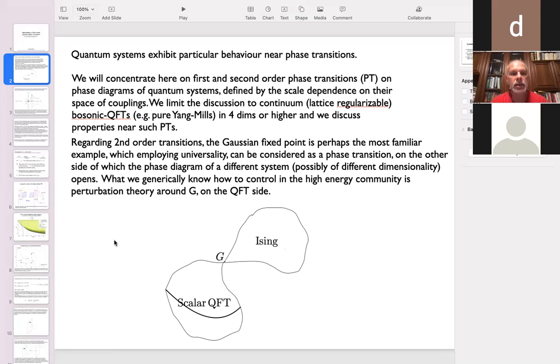So many systems, millions of systems can land at the same Gaussian fixed point, and then one can extend the notion and say that at the Gaussian fixed point there is a phase transition, and on one side you have an Ising model, for example, like I show you in this picture, and on the other side I may have a scalar QFT.